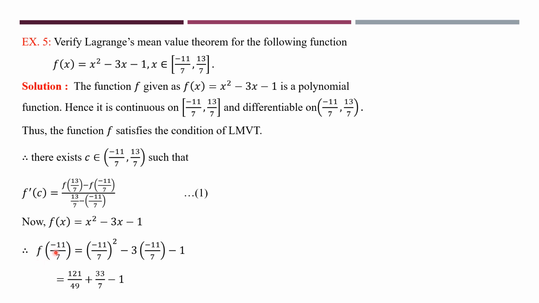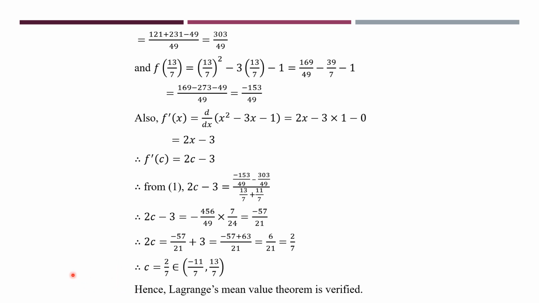Therefore f of minus 11 by 7, that is f of a, equals minus 11 divided by 7 square minus 3 into minus 11 divided by 7 minus 1, which is 121 divided by 49 plus 33 divided by 7 minus 1. Taking 49 as LCM, 121 plus 231 minus 49 divided by 49 is equal to 303 divided by 49.